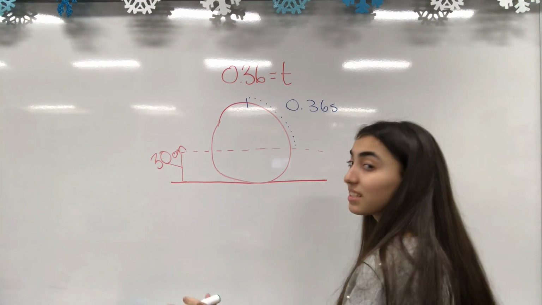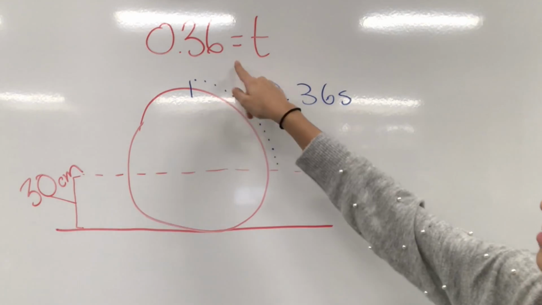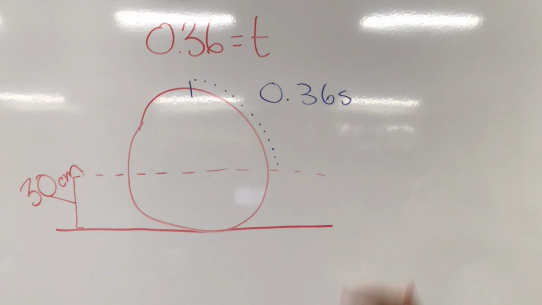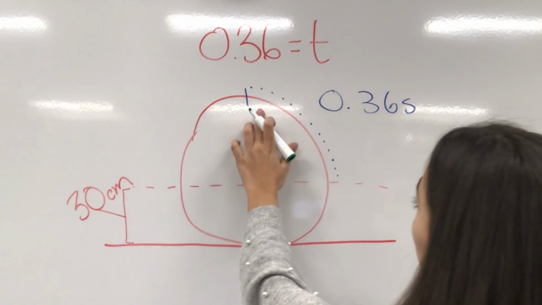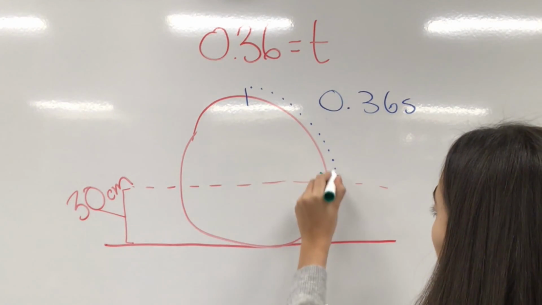So from the work we just did, we got that it took 0.36 seconds to reach the height of 30 centimeters. However, from the diagram, we can see that it took 0.36 seconds to get to this point.